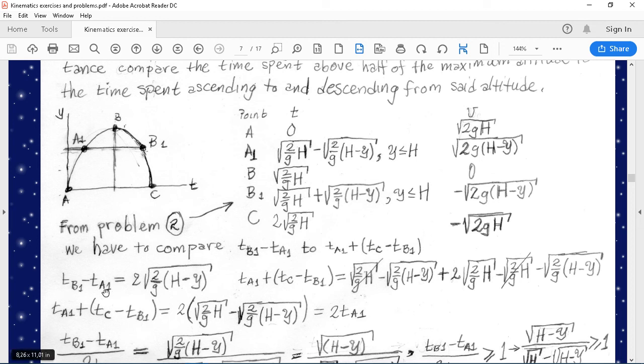And you get this, so that tA1 plus (tC minus tB1) equals 2 times this, which equals 2 times tA1.